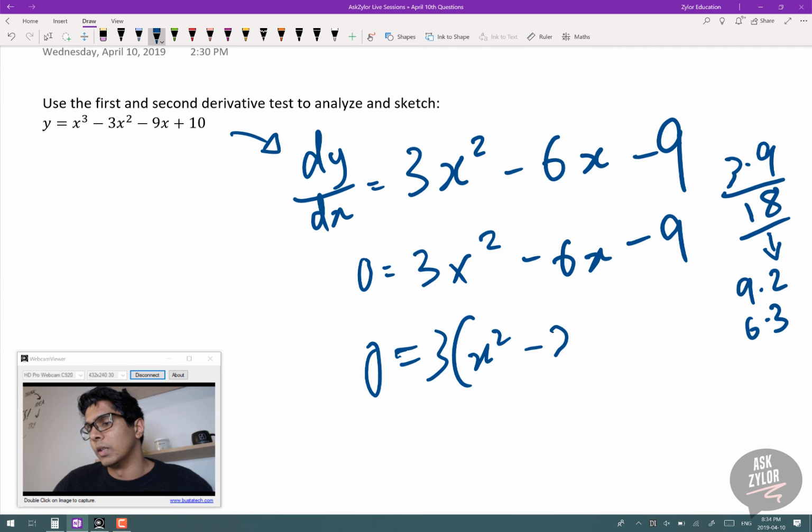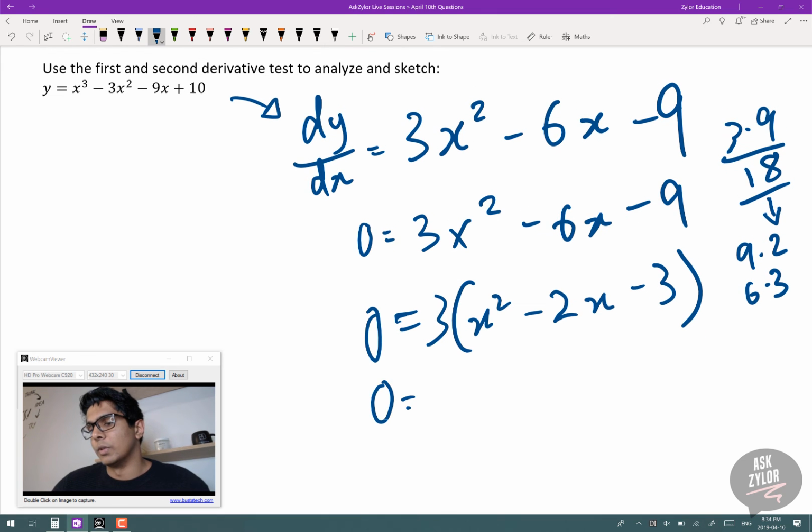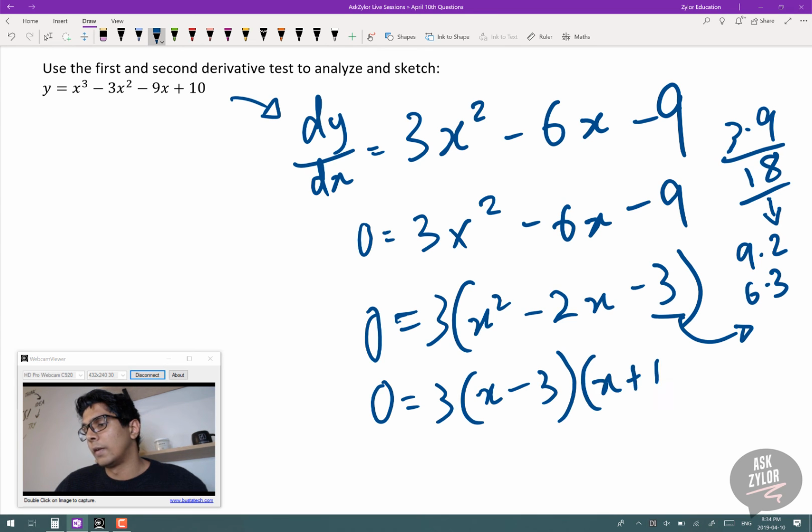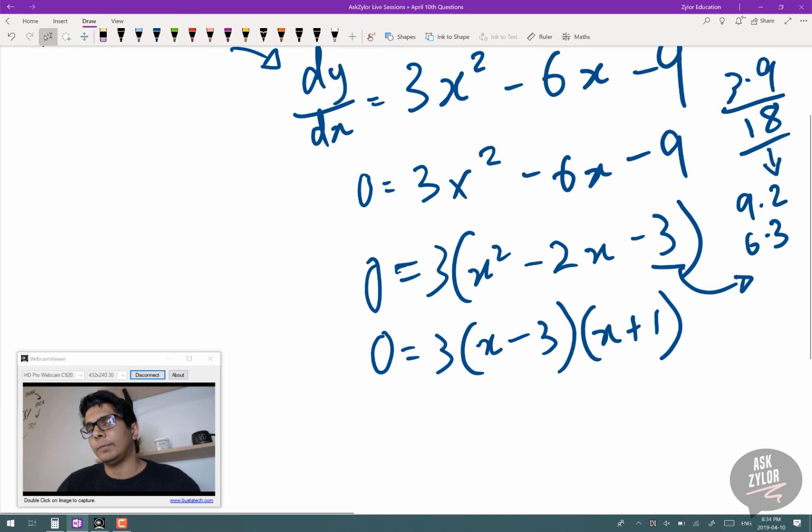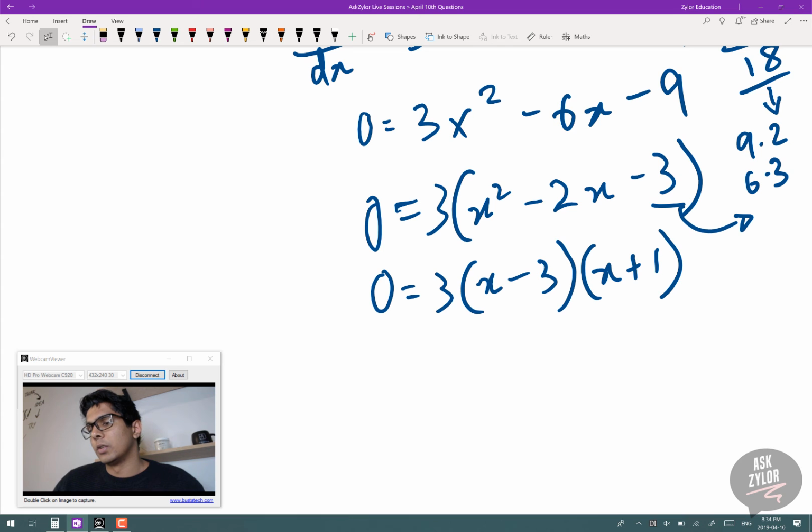So we get 3 times (x squared minus 2x minus 3), which makes it a lot easier, right? So we can just look at the factors for 3, which end up being (x minus 3)(x plus 1). So then my critical points are going to be x is equal to 3 and x is equal to negative 1.